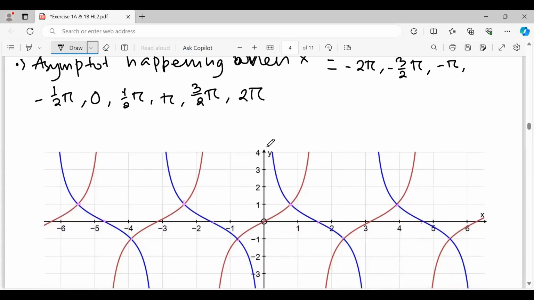We are going to find this one, minus 2 pi. Minus 2 pi over here.